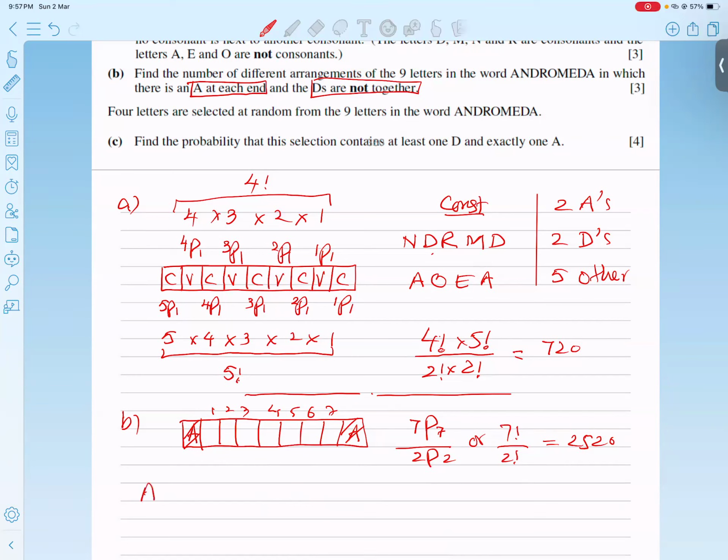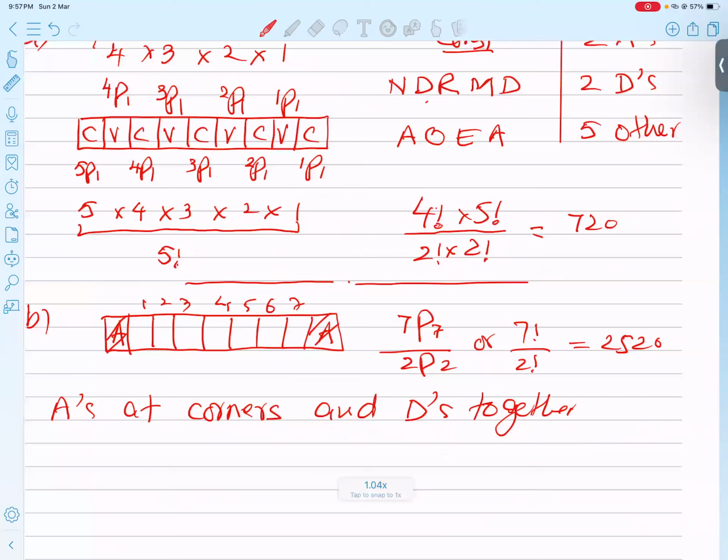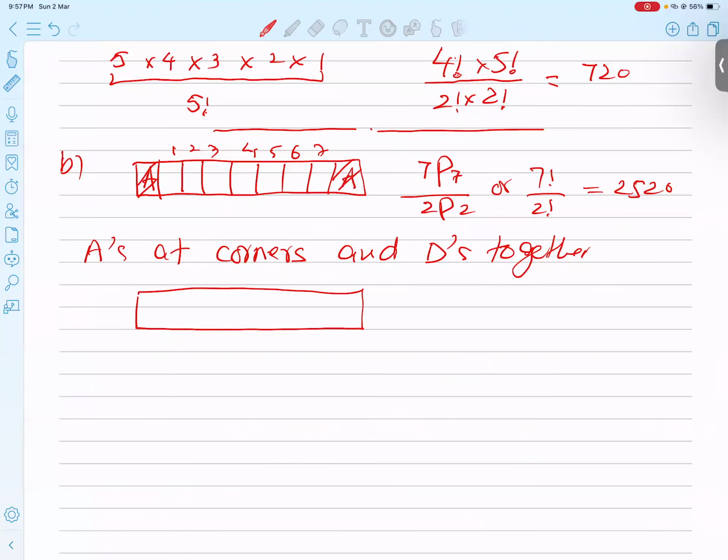So A is at the corners and D is together. How can we do it? Nothing hard, I believe. 1, 2, 3, 4, 5, 6, 7, 8.